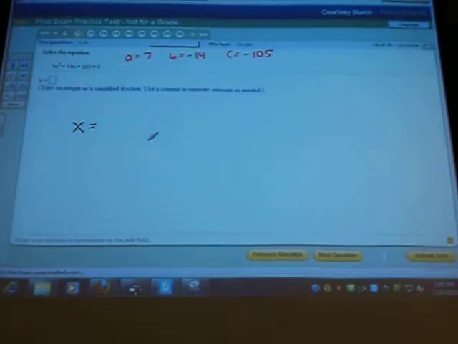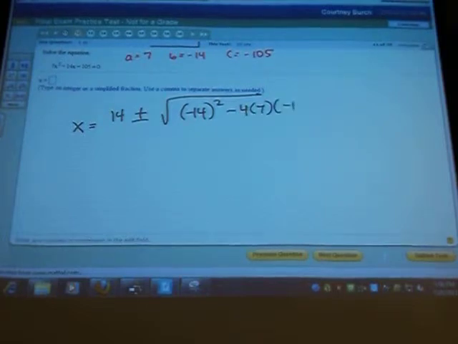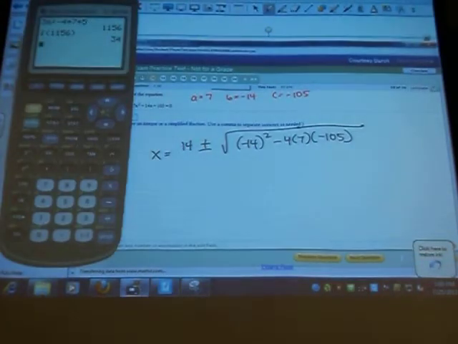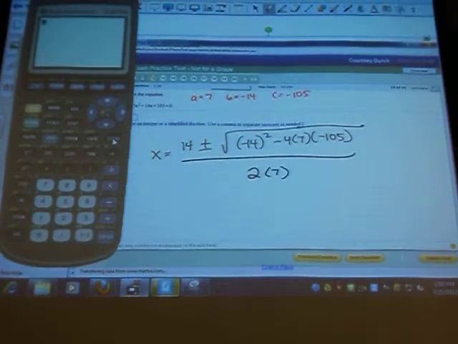Okay, so x equals negative B would be positive 14, minus square root of negative 14 squared minus 4 times 7 times negative 105, and then all of that over 2a, and 2 times 7.